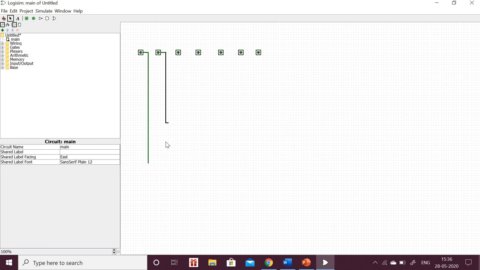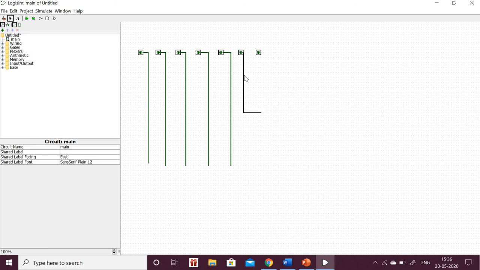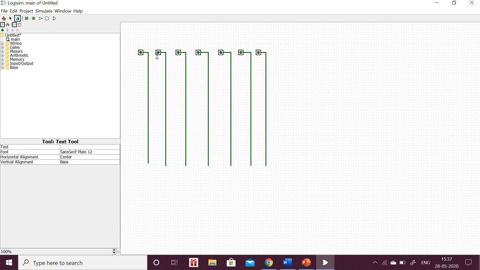First one, that is y1, this is y2, this is y3, y4, y5, y6, y7. I will give the labels for this.